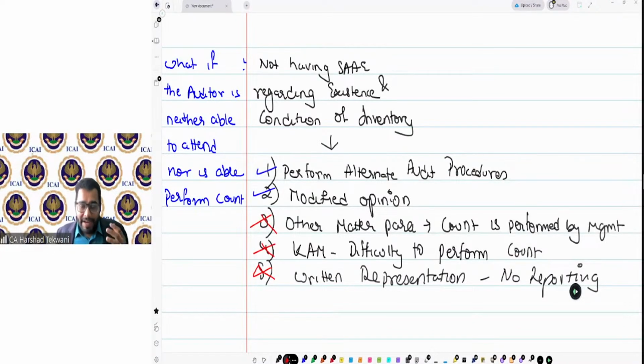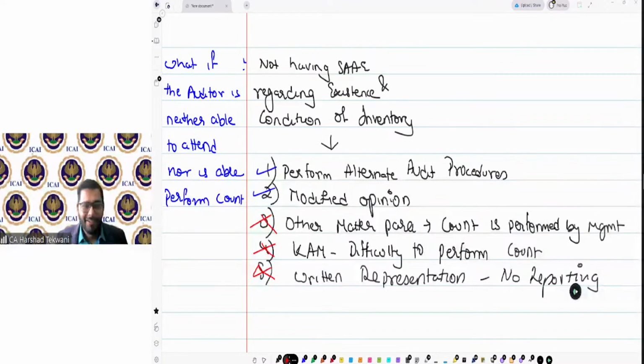As a hypothetical example, if I'm not able to perform the count and the count is performed by management, I just include in an other matter paragraph that the count has been performed by management and I'm relying on that. I can do the same for other items also. Then why not cash? Why not trade receivables? Why not fixed assets? I can do it for the entire balance sheet: the balance sheet has been verified by management, I have relied upon that in an other matter paragraph.